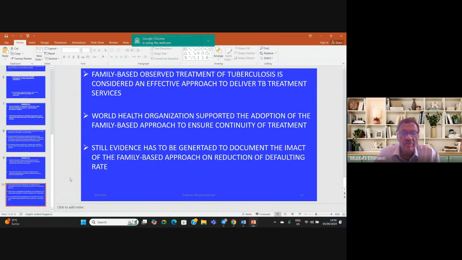Then we can go further for elaboration on that problem: family-based observed treatment of tuberculosis is considered an effective approach to deliver TB treatment services. The World Health Organization supported the adoption of the family-based approach to ensure continuity of treatment. Still, evidence has to be generated to document the impact of the family-based approach on a reduction of the defaulting rate among TB patients.